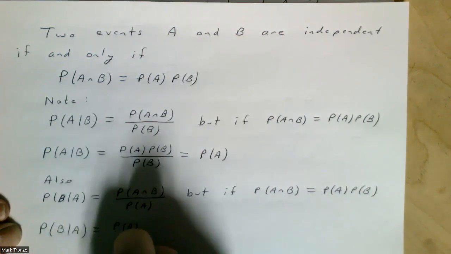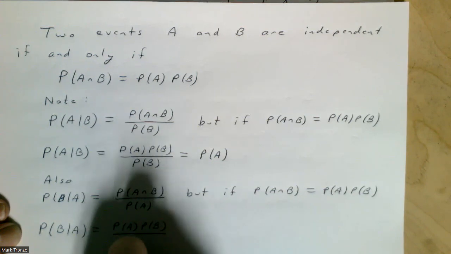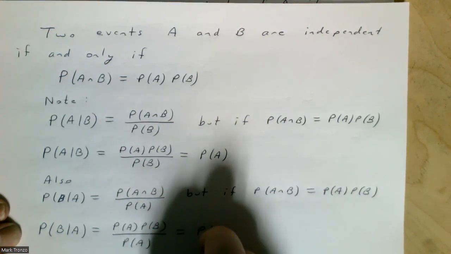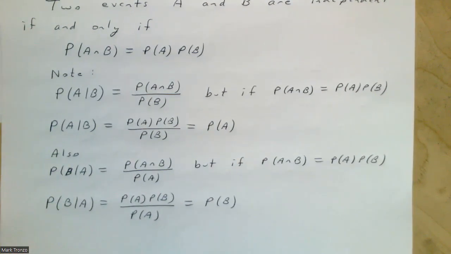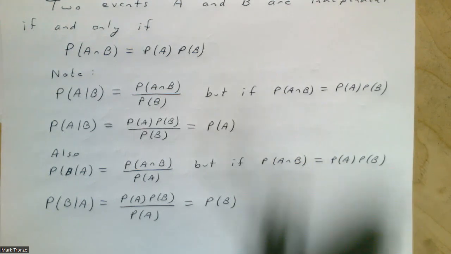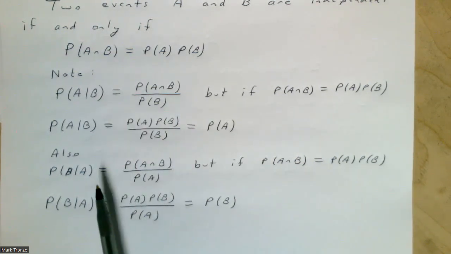It's going to be the probability of A times the probability of B over the probability of A, which equals the probability of B. And so we can use this information to test if events are dependent or not dependent. So let's do this example.